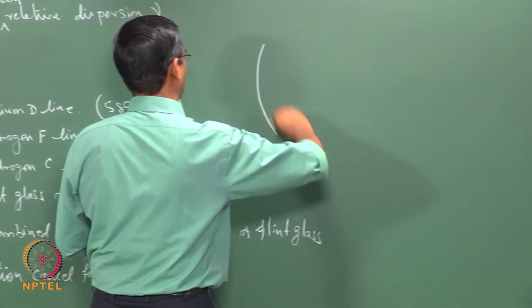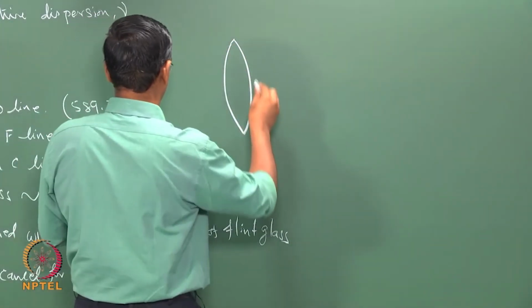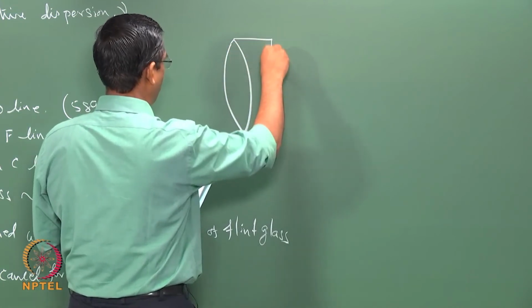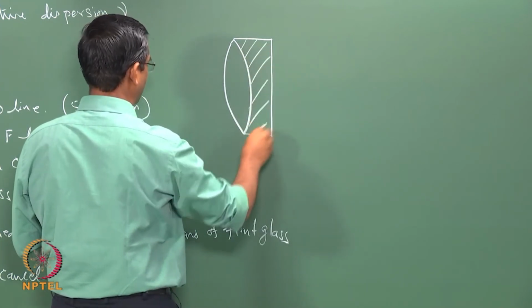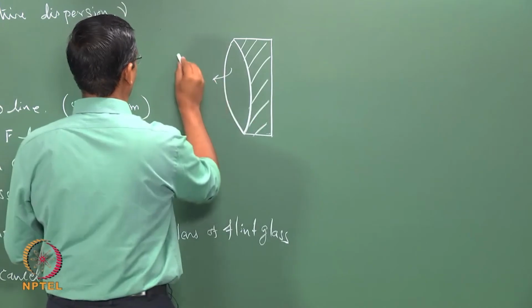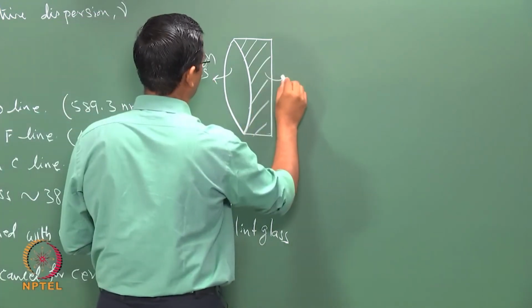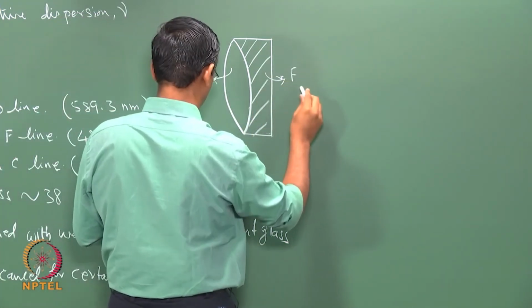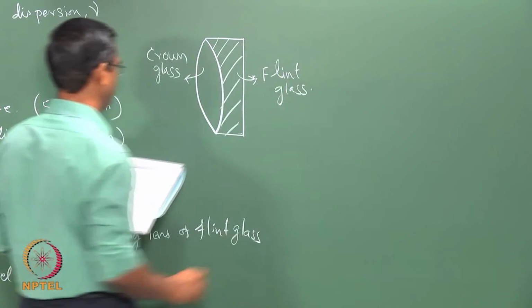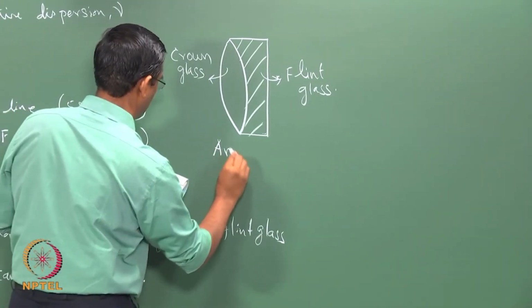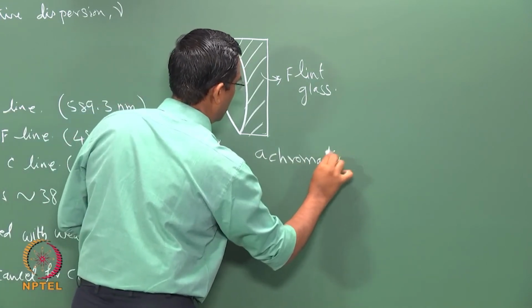You have this lens, so this is a crown glass, and this is a flint glass. This is an achromatic doublet.